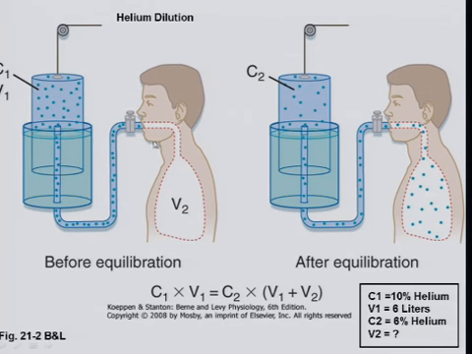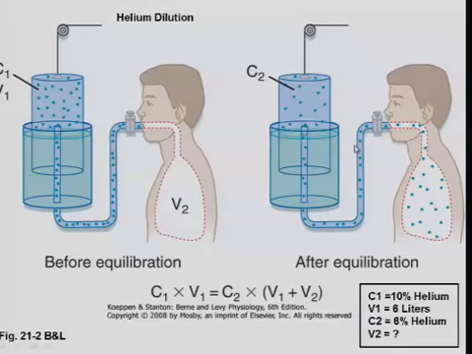So now if we start at end expiration, think about where we're going to be. We're going to be able to measure. So the volume left here will be FRC. Okay, so now we can measure FRC if we start this equilibration at end expiration.